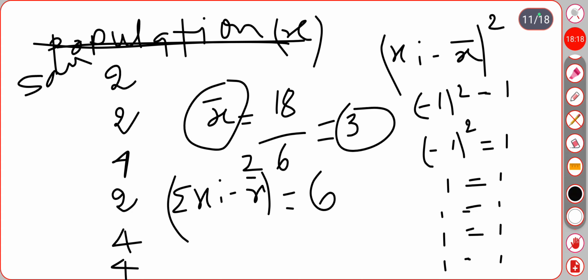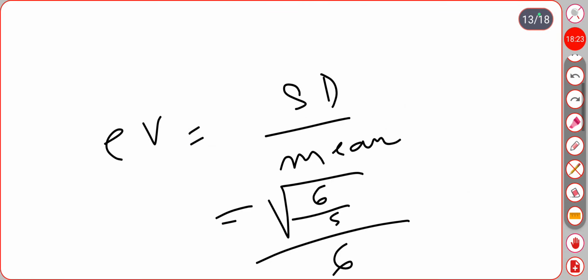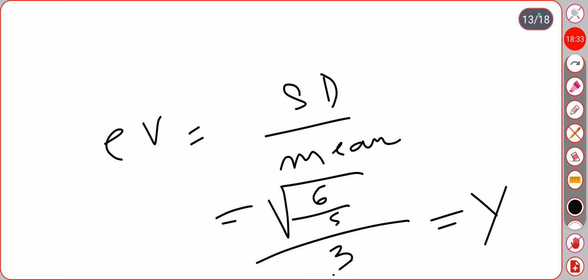So we divide the standard deviation by the mean, and we get the value ultimately, and that is the coefficient of variation. That is one kind of measure of inequality. There are some advantages. It allows for direct comparison between different data sets with significantly different means, even if they are measured in different units.